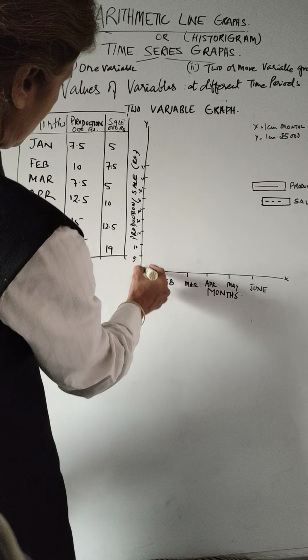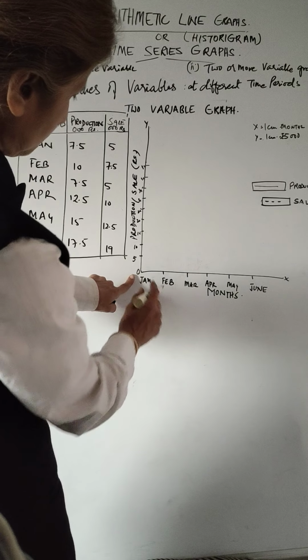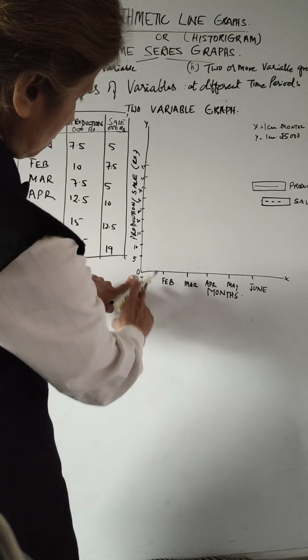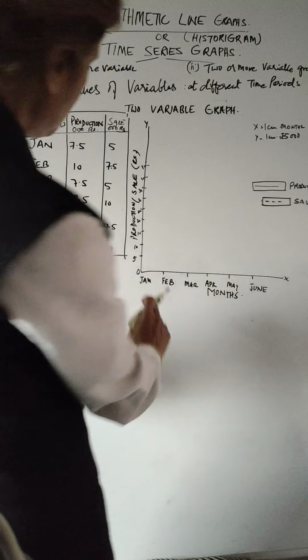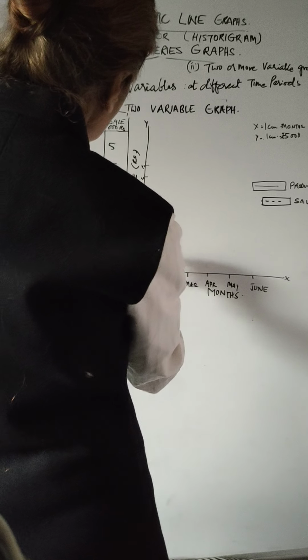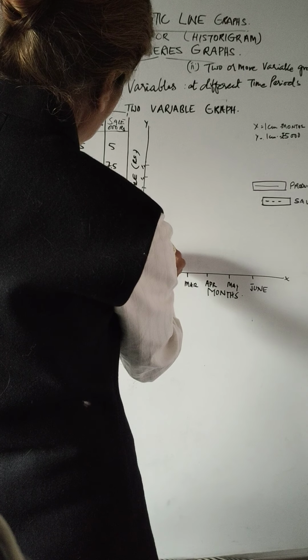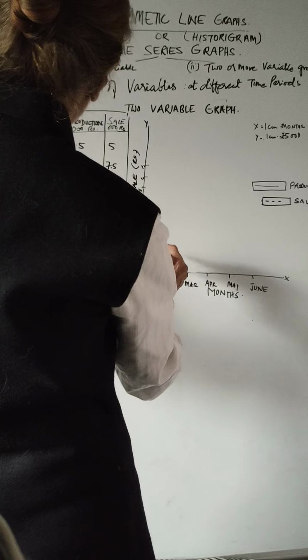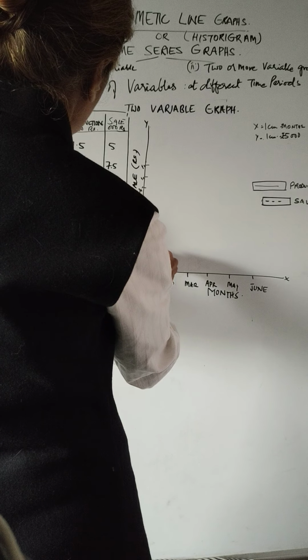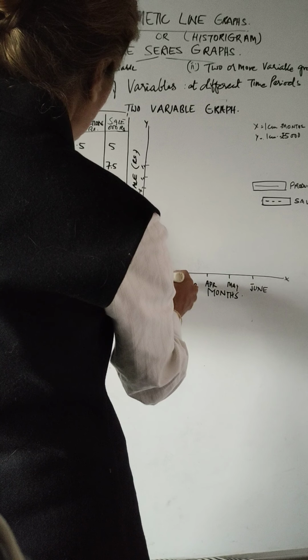In January, the production was, say, 7.5. I've put January from the origin itself. So 7.5 will be somewhere here, and I put a dot here. Then in February it was 10.